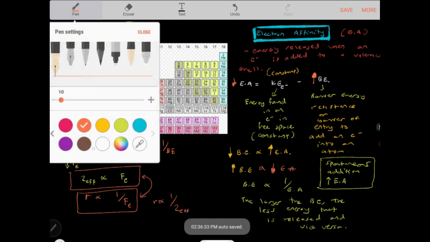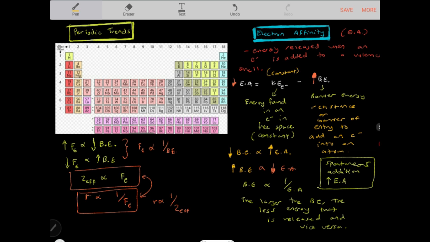So collectively, if we increase the separation distance, we decrease the effective nuclear charge, therefore we decrease the force of attraction, and as a result we increase the barrier energy, right?